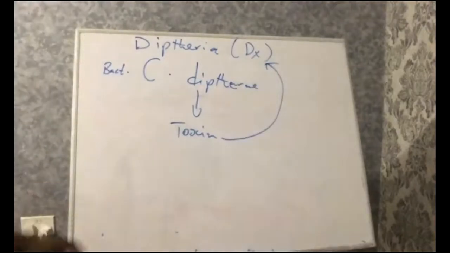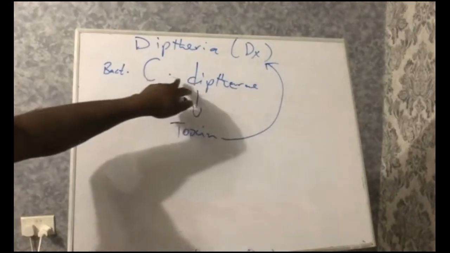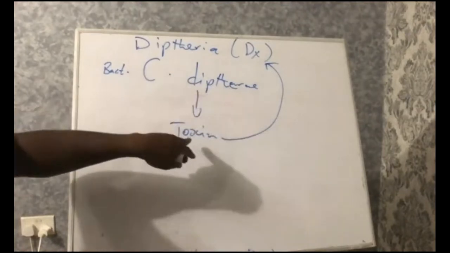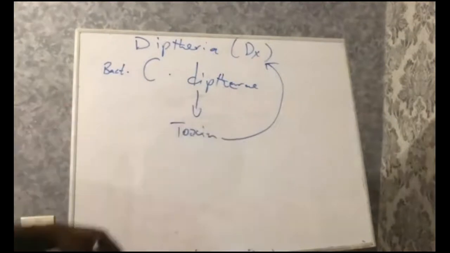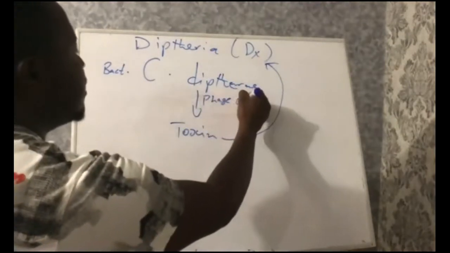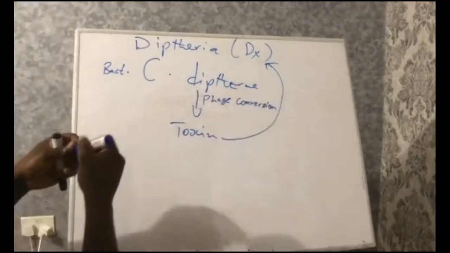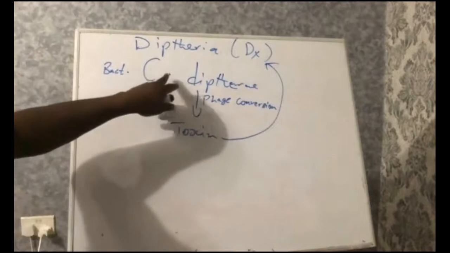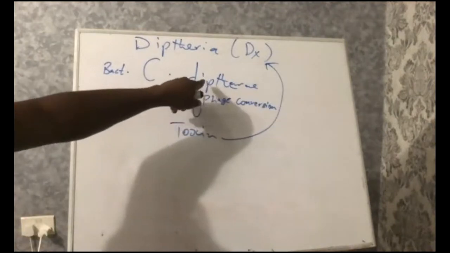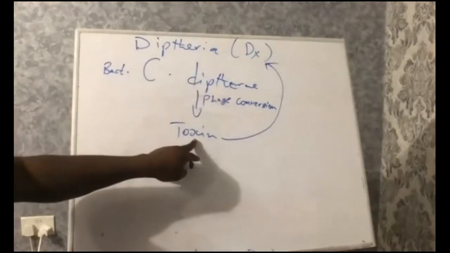I just said something here so that you understand it better. I said that normally the Corynebacterium diphtheria does not produce the toxin, but after it has undergone what we call phage conversion, okay? Something called bacteriophage will alter this bacteria to start producing the toxin.